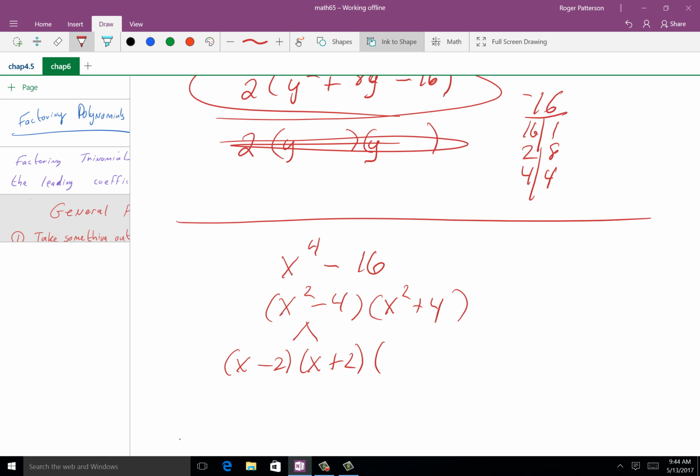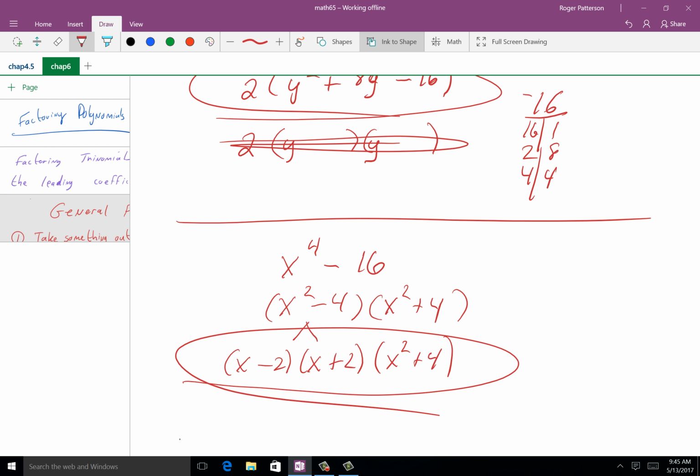Let's see. On page 458, what's the highest number problem we do there? Yeah, 85. Okay. All right, so look at 458. Let's look at it.